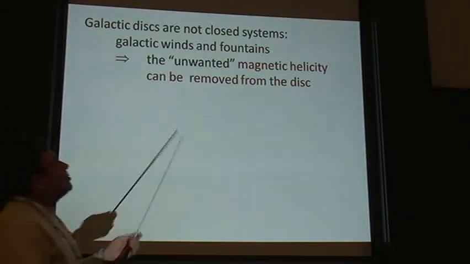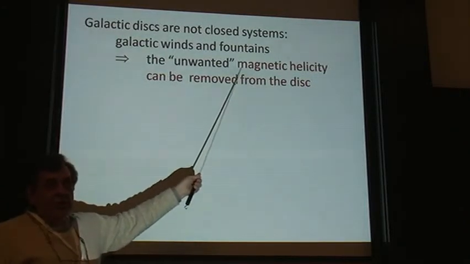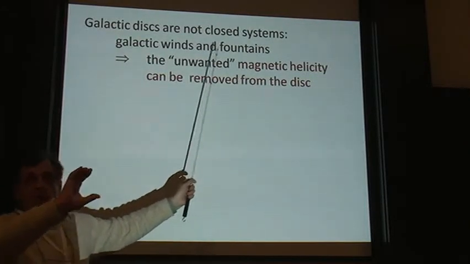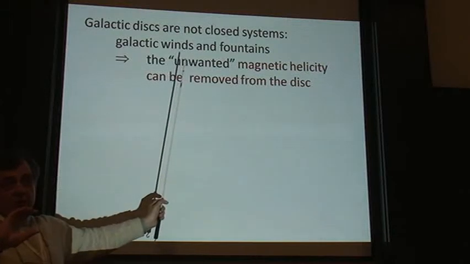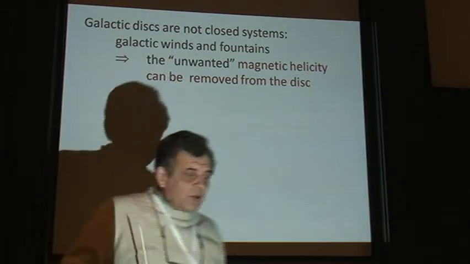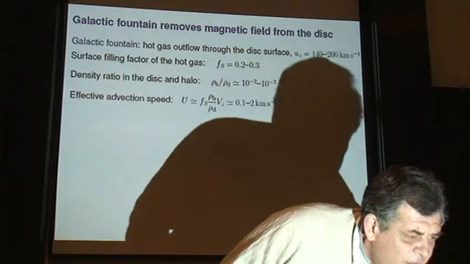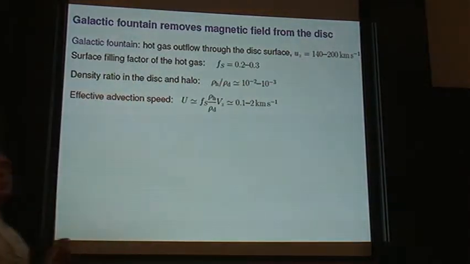So you cannot expect that magnetic helicity will be conserved within the narrow layer which we call disk and where we observe the large-scale magnetic field, which we want to explain. In other words, if you want to consider the balance of magnetic helicity in galaxies, then we must include the exchange of matter and magnetic fields together with helicity between the disk and the halo of a galaxy.